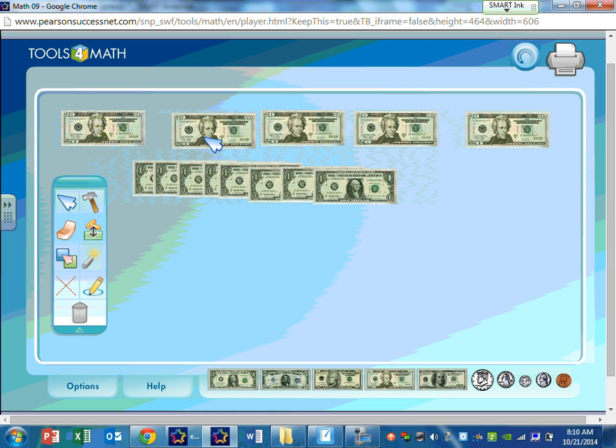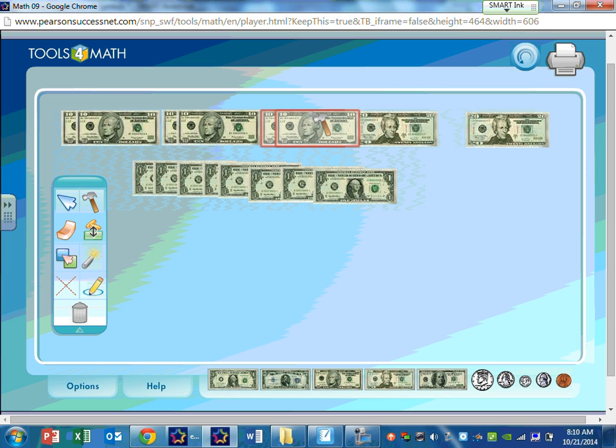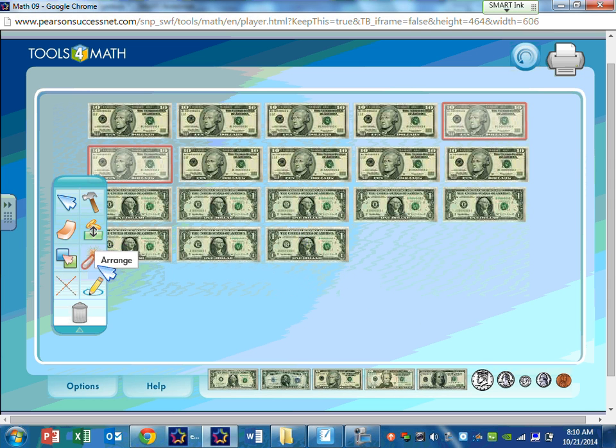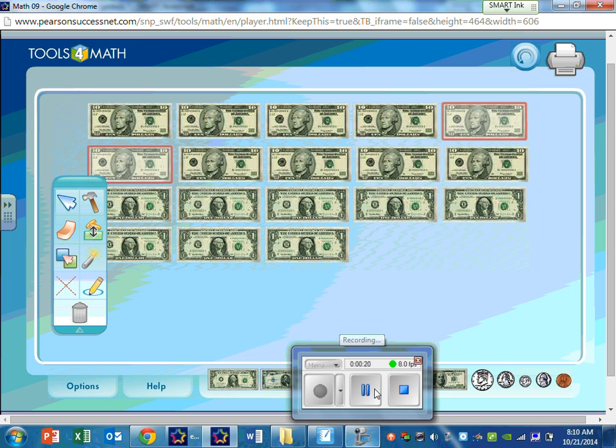And I need to divide evenly. So let's break each of these 20s into 10s. And then I'm going to use my magic wand here to arrange them neatly. So I still have $108. My value is the same, but now I can start dividing them evenly into groups of 4.